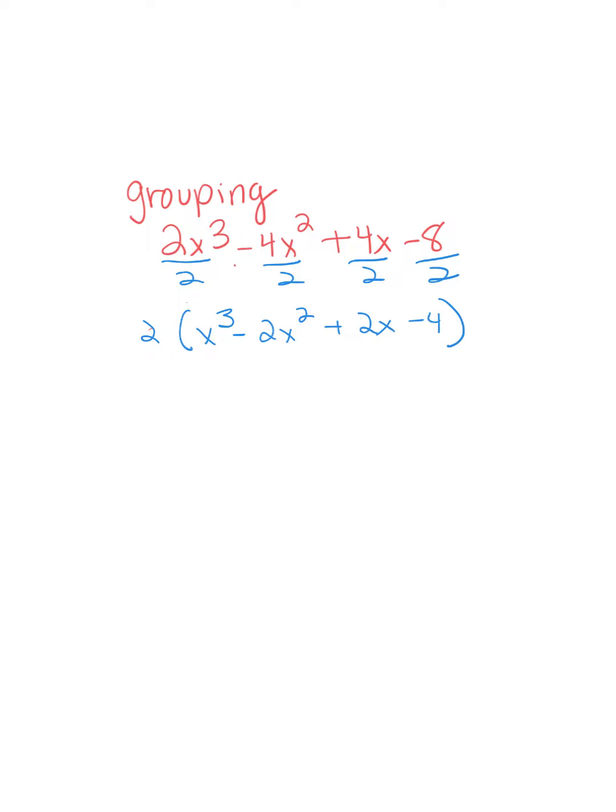Now I'm immediately, so I remember, going to drop that 2 down to my final answer. And now I'm going to look at these 4 terms here. And I'm now going to start my grouping. So this one had GCF first. And now I'm going to look at grouping. And so here's where I create my 2 groups of 2. Looking at the first group here, I can see that I'm going to have an x squared in common.